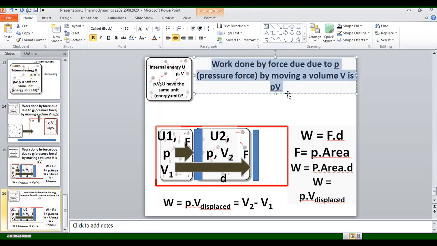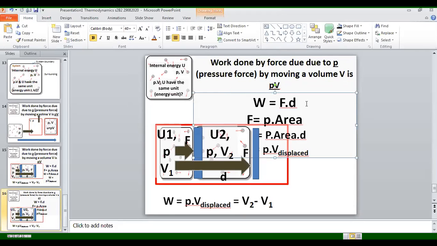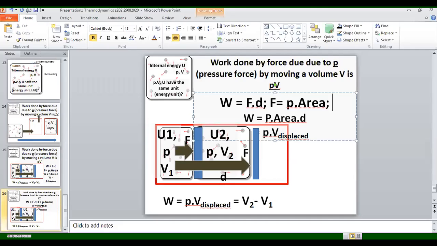Okay, this is important: by moving a volume V, the work done by pressure force. W is Fd, that is force times D. Force is pressure times area.